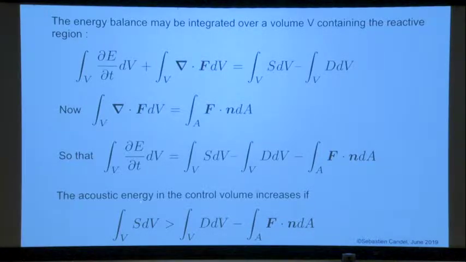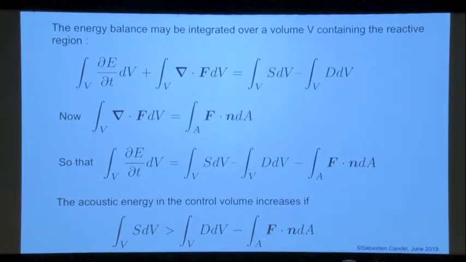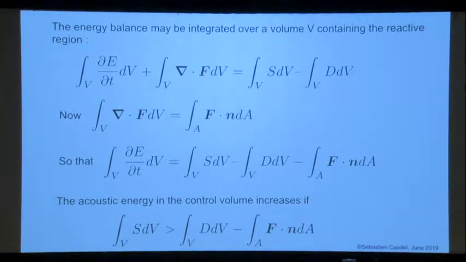One is the driving, and this has to be bigger than the damping and bigger than what comes out from the fluxes of acoustic energy. In general, these fluxes will go out, so it will be more difficult to reduce the instabilities.